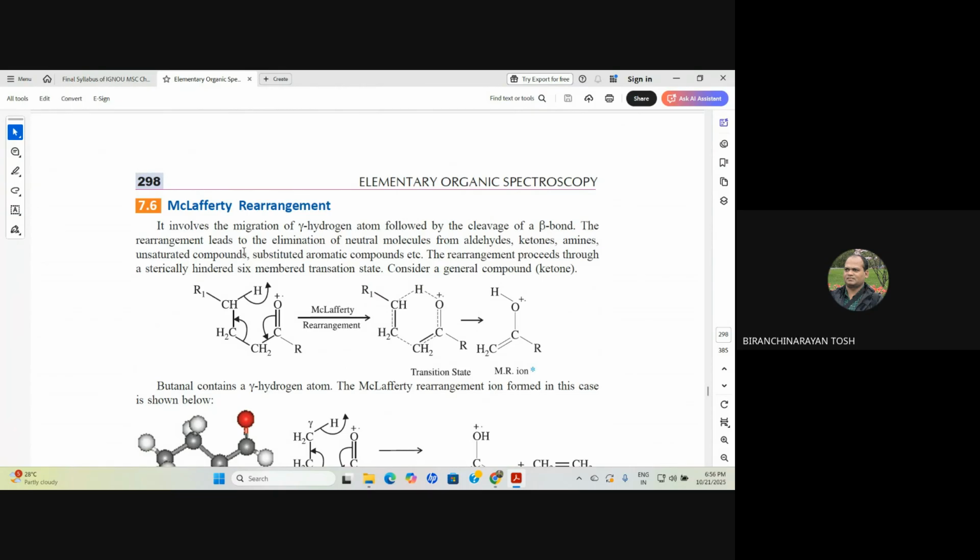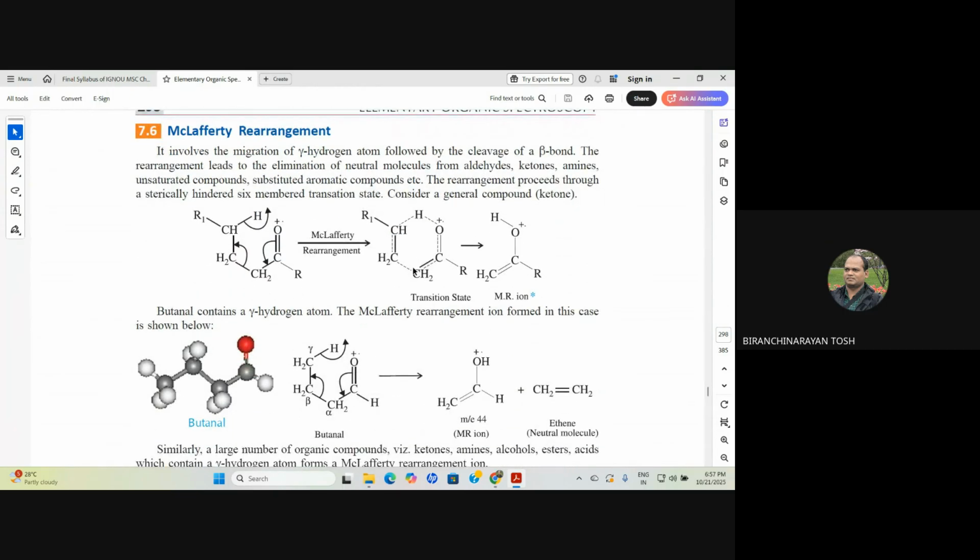The rearrangement leads to elimination of neutral molecules from aldehydes, ketones, amines, unsaturated compounds, unsubstituted aromatic compounds, etc. The rearrangement proceeds through a six-membered transition state, then formation of the enol form. That means McLafferty rearranged ions. See the transition state. So we have butanol, which has a gamma hydrogen atom.